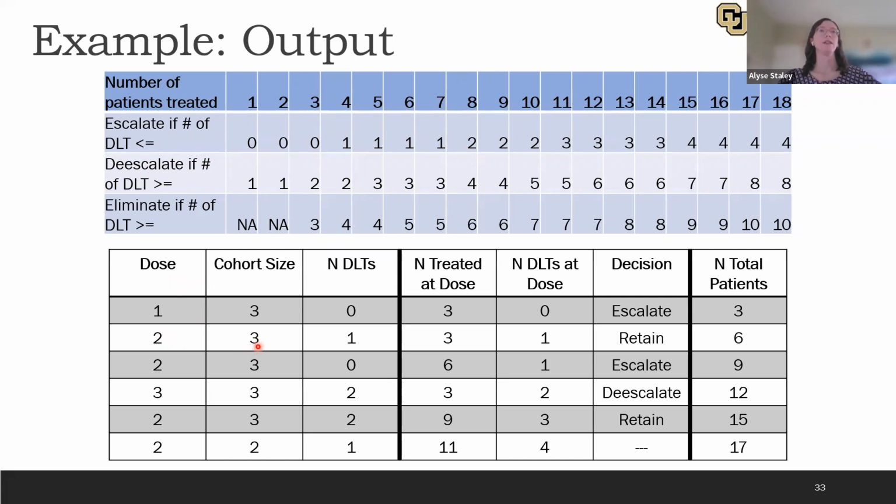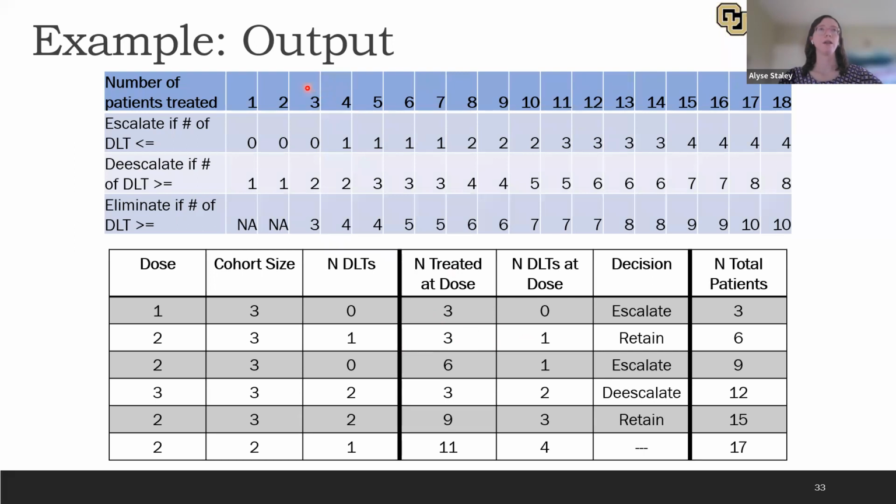And we again are able to enroll a cohort size of 3. And of those 3 patients, 1 patient experiences a DLT. Since this is the first cohort of patients treated at dose level 2, our total number of treated patients at dose 2 is also 3, and the total number of DLTs at dose 2 is 1.